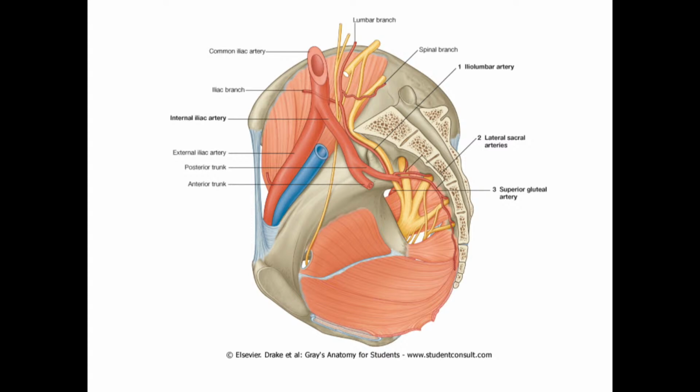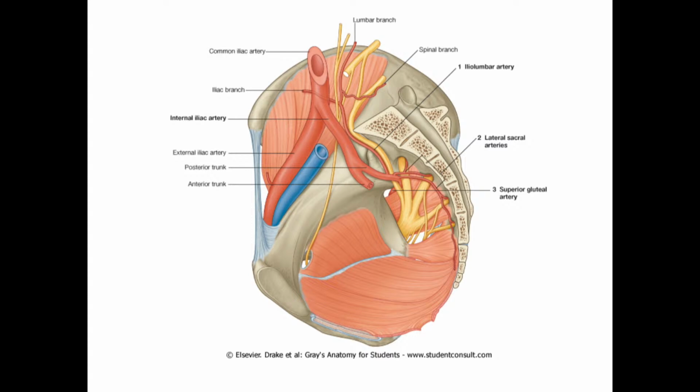As the name implies, it courses posteriorly, passing between the lumbosacral trunk and the anterior ramus of the sacrum 1 vertebra. It leaves the pelvic cavity through the greater sciatic foramen above the piriform muscle and enters the gluteal region of the lower limb.